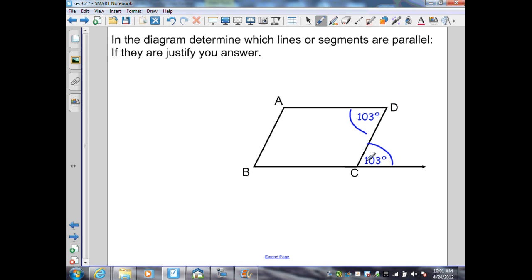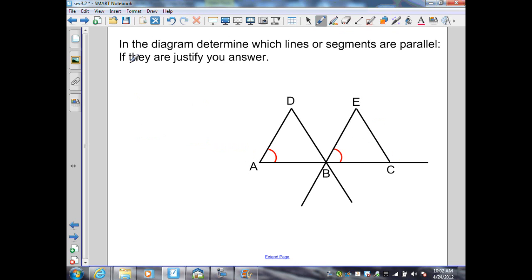The other two lines that form them are AD and BC. And by the converse of the AIA theorem, if alternate interior angles are congruent, then the two lines cut by a transversal must be parallel.